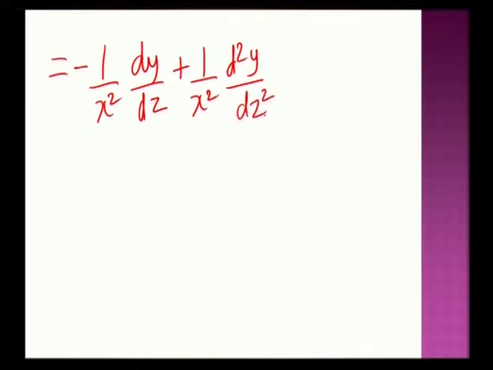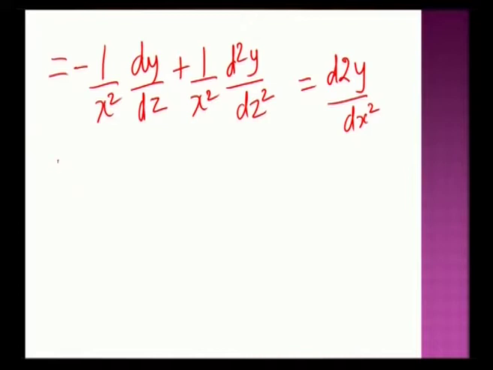So, we got the double derivative of y with respect to x: minus 1 by x square into dy by dz plus 1 by x square into d square y by dz square.